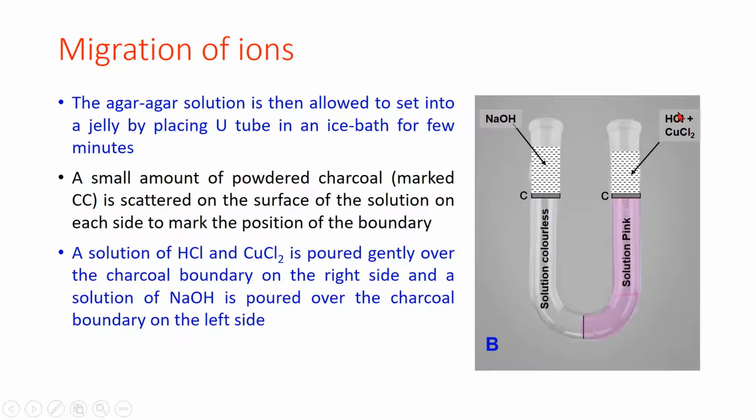A solution of HCl and CuCl2 is poured gently over the charcoal boundary on the right side, and a solution of sodium hydroxide is poured over the charcoal boundary on the left side.